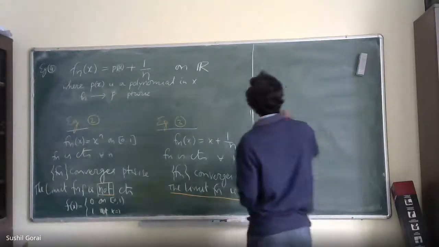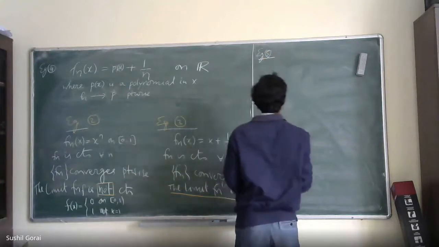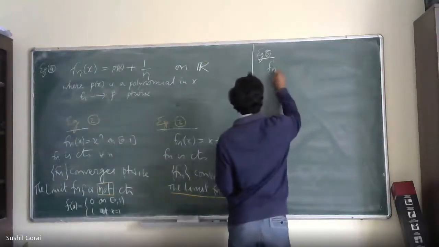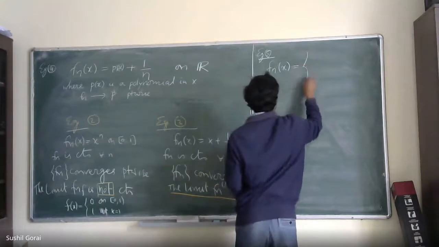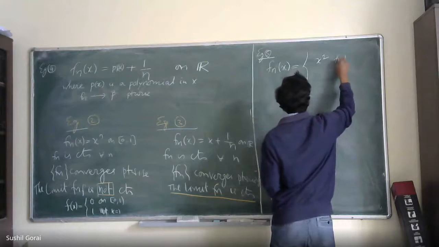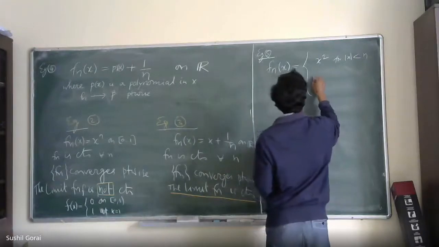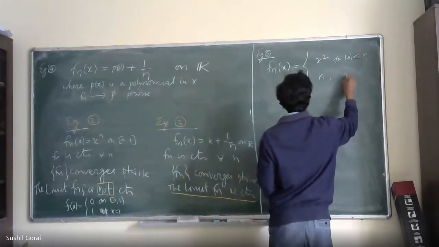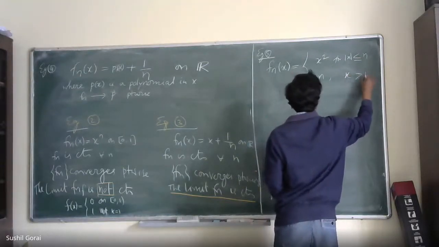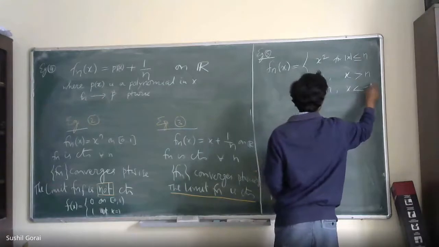So you look at this one. f_n(x) equals x squared for mod x less than n, and this is n where x is greater than n, and minus n when x is less than minus n.